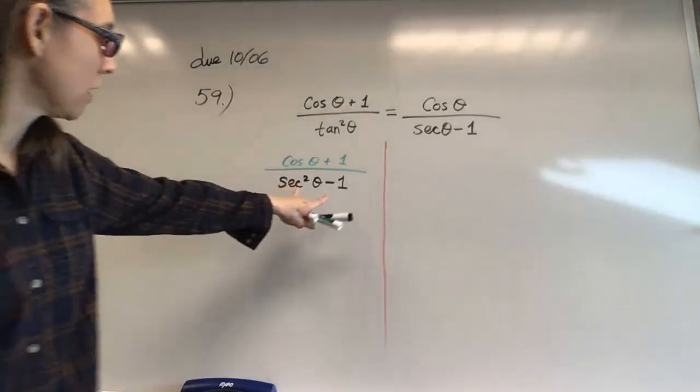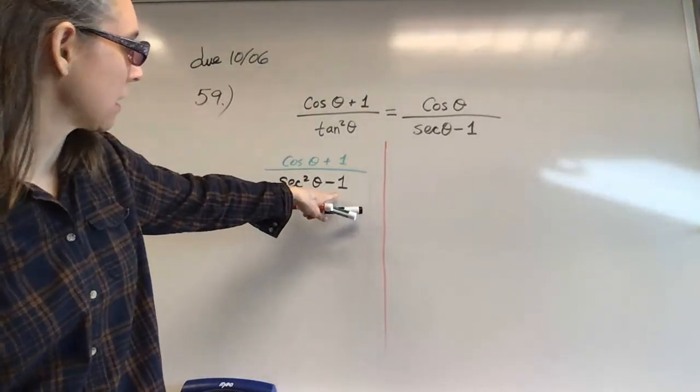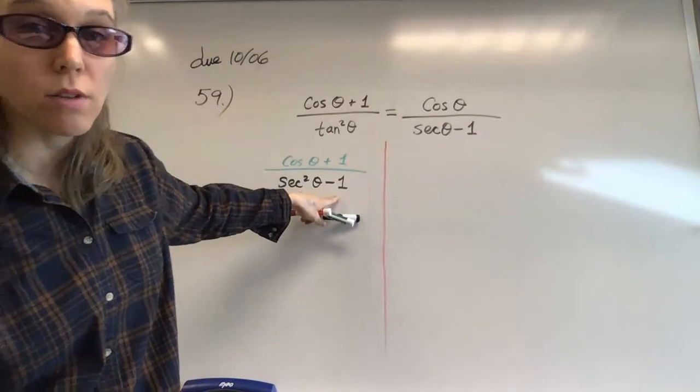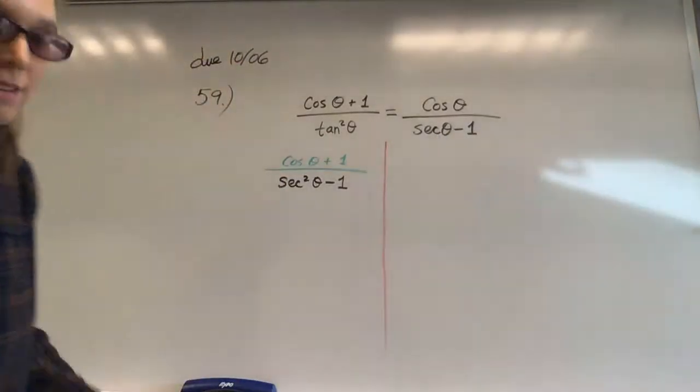Now what I want to do is factor this, because this is a difference of squares, and one of the two factors is that denominator.